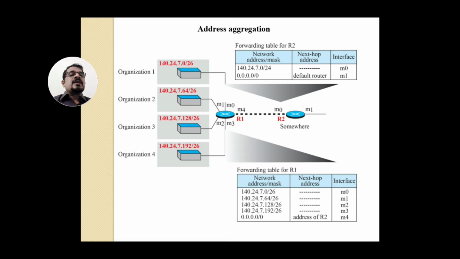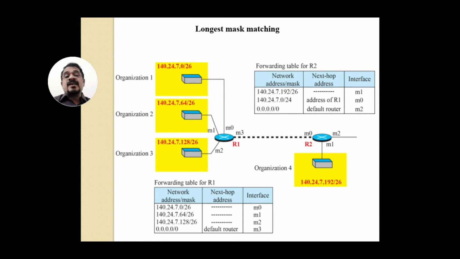If it goes via M4, then what is the interface? If it goes via M2, then what is the address? Likewise, it also mentions the interfaces. In the same way, the forwarding table at R2 also has the network addresses with the mask and the next hop address, or it may be a default router, and then the internet. This is how address aggregation appears in the routing table.